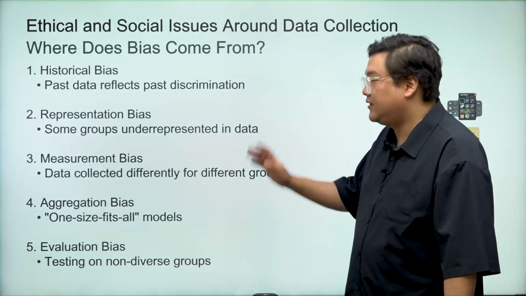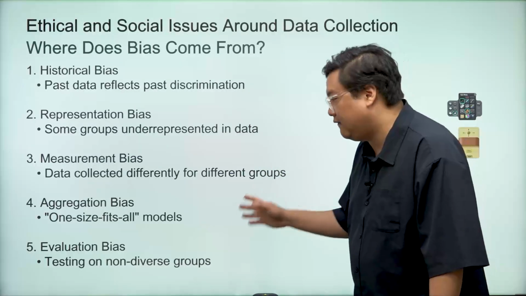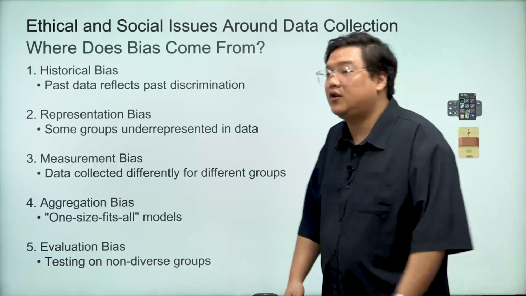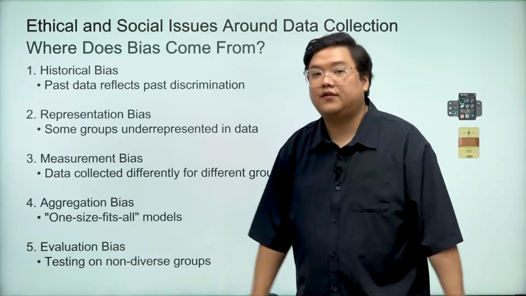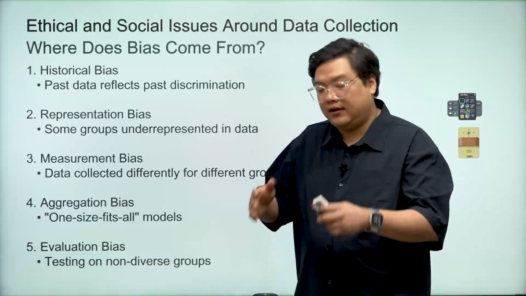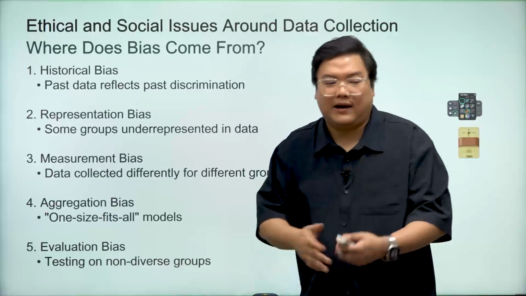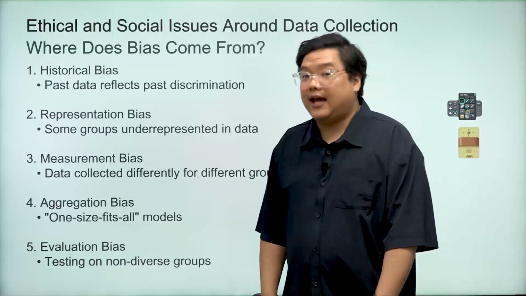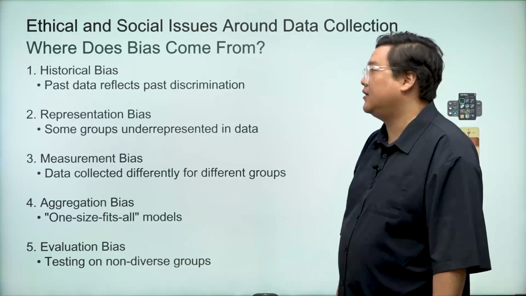We also have representation bias, measurement bias, aggregation bias, evaluation bias. With representation bias, if we don't have a data set that represents everyone, our service may be accurate for only some groups of people, while it won't be as accurate for others. So these are the biases that you need to consider.